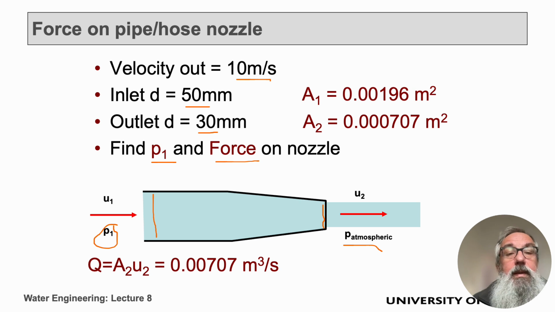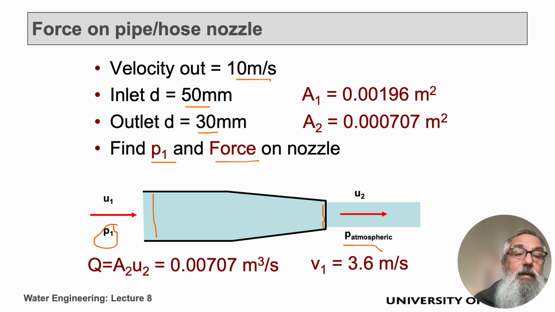It's an easy calculation: 7.07 times 10 to the minus 3 meters cubed per second. Tiny again. 3 significant figures. Velocity u1, it says v1 there, let's keep it as u1, is then 3.6 meters per second, and we get that by dividing the 0.00707 by the area A1.